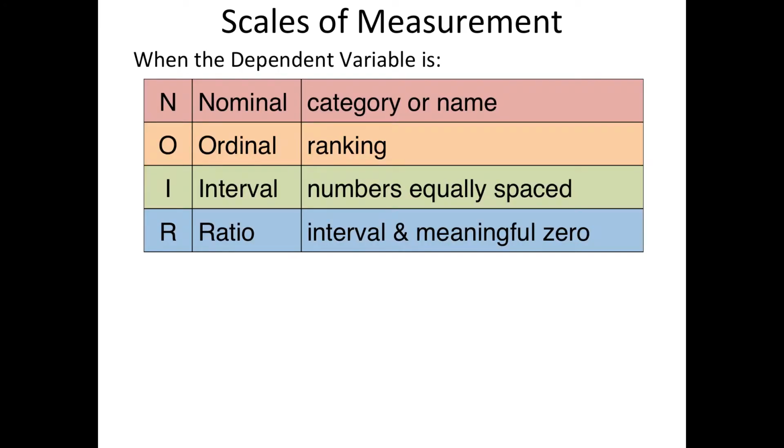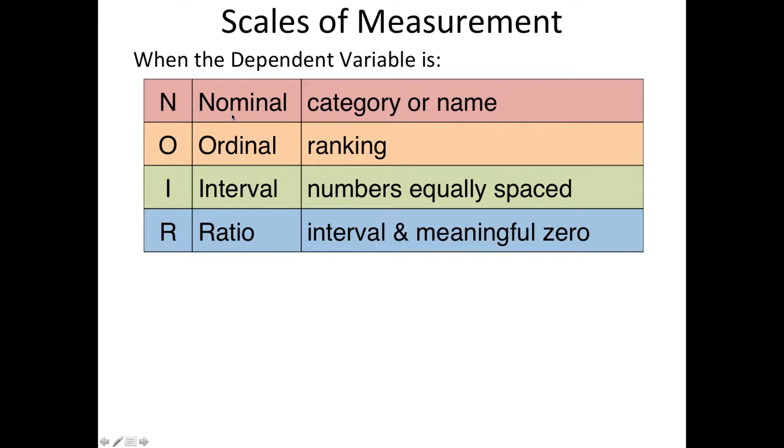Let's take a quick zoom back in time to a day early on in the semester where we discussed scales of measurement. This is one of the first things we talked about in this class. So what we mean by this is when we look at a dependent variable, the thing we are measuring, a variable can vary in a few different ways.